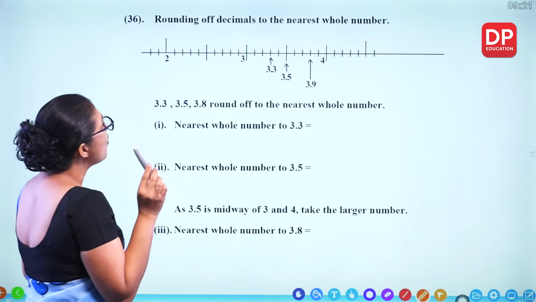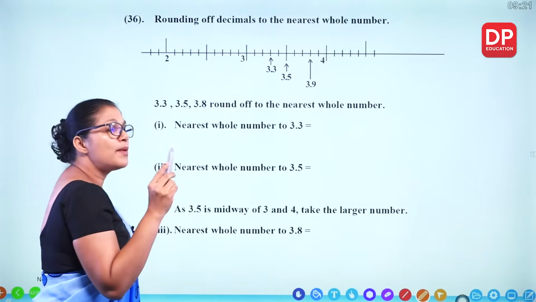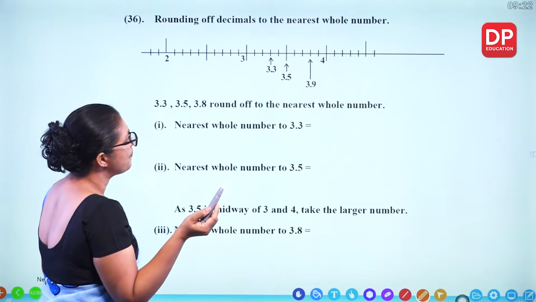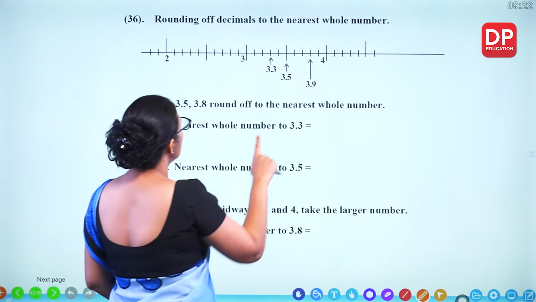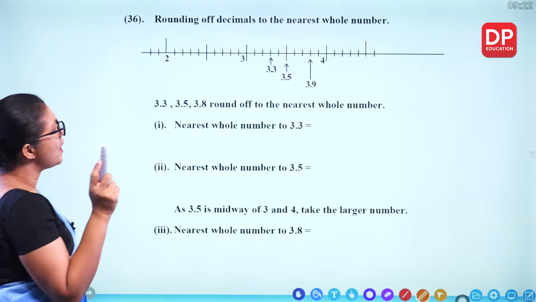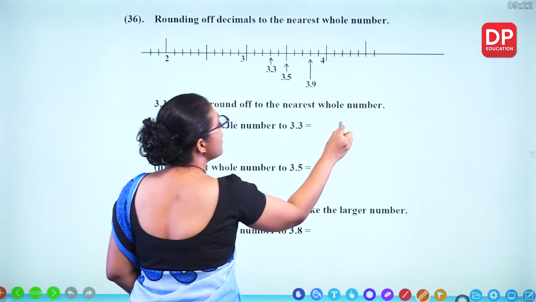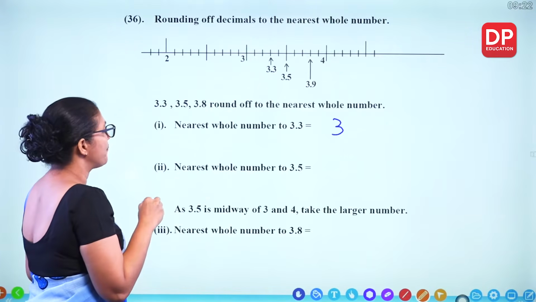And 3.5, what happens? When it's midway, we take the larger number. So if you want to round off 3.3 to the nearest whole number, this is close to 3. So you can write this is 3.